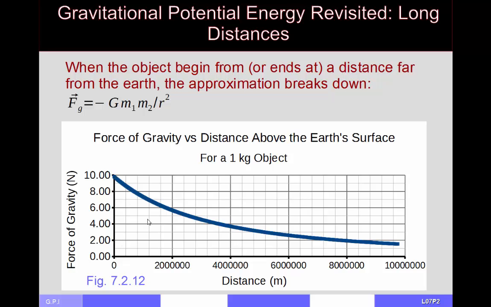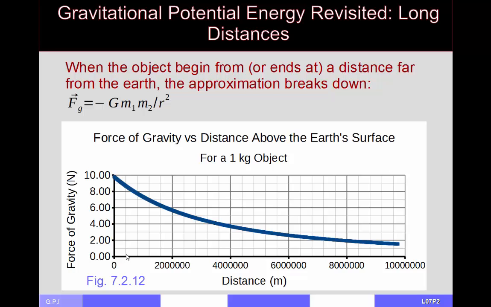If you have a graph like this, though, we all end up doing basically the same thing, and that is you draw rectangles and find the area of each rectangle. And on a scale like this, you can even just count these boxes, and remember that each box is 1 newton of force by 200,000 meters.